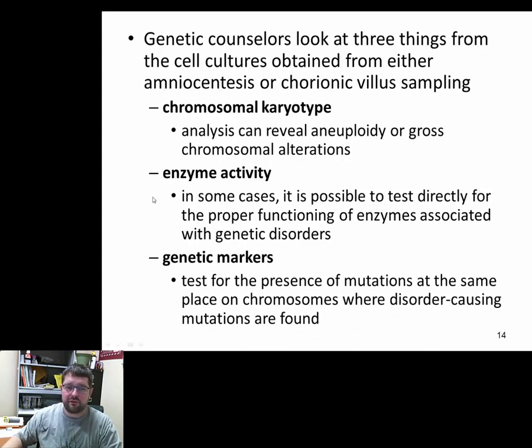Now this is probably the one that most of the newest features are coming out on: genetic markers. This is really looking for mutations, changes in certain genes that we know cause certain diseases, genetic disorders. As we progress in science, these genetic markers increase.